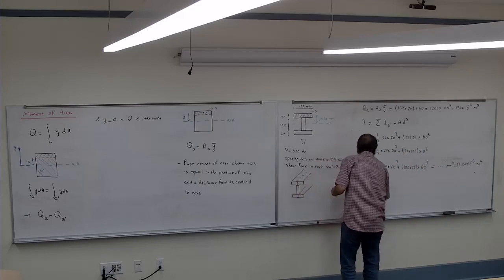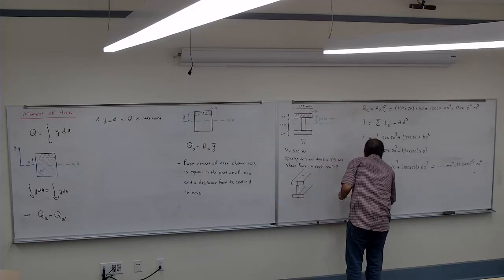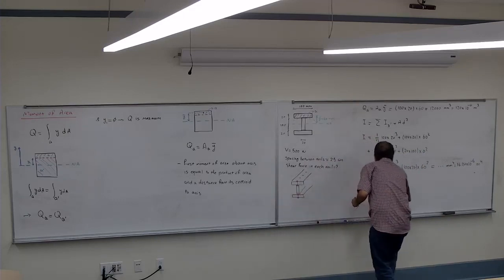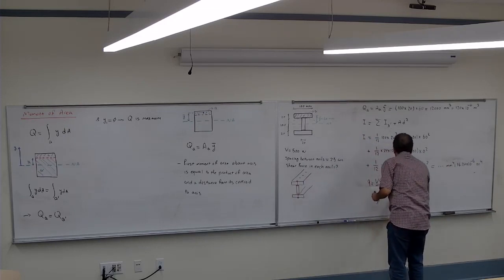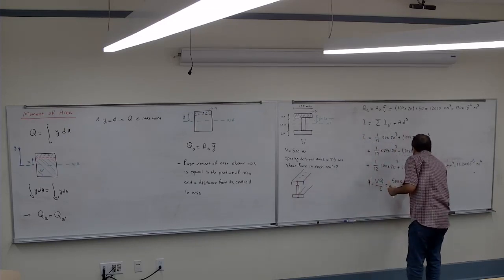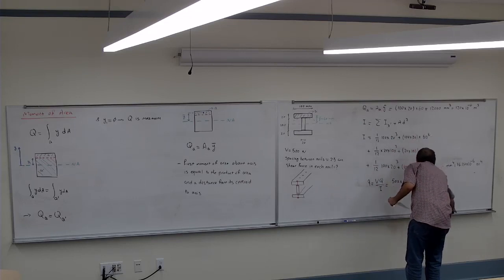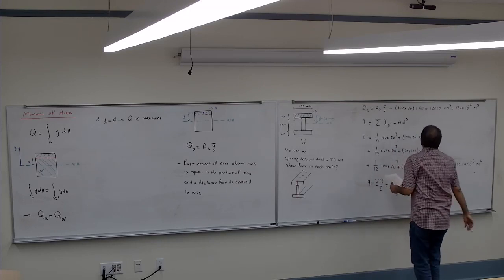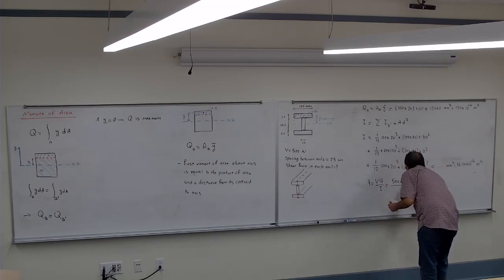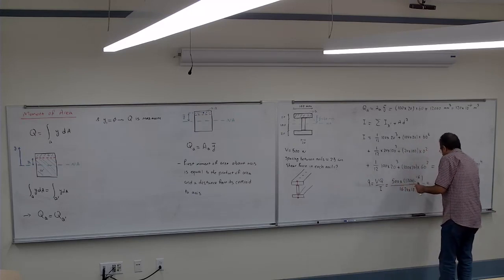And then the q is VQ divided by I, so it's going to be 500 times the Q, which is 120 times 10 to negative 6, divided by 1620 times 10 to negative 6, which would be 37.04 Newton per meter.